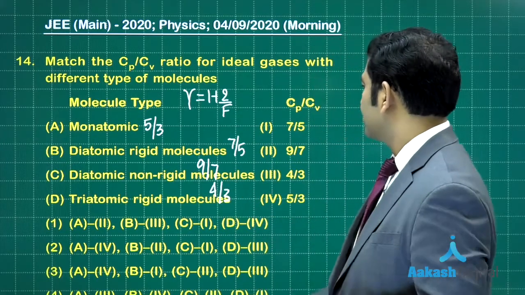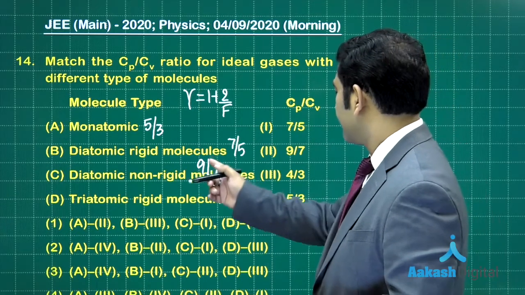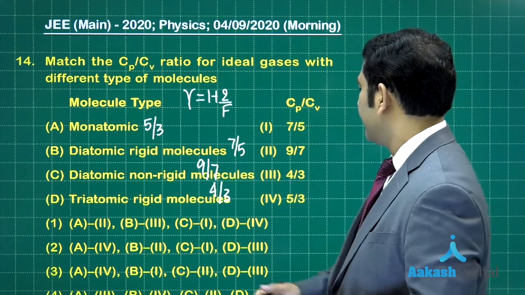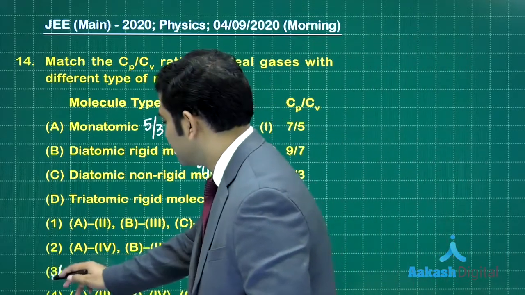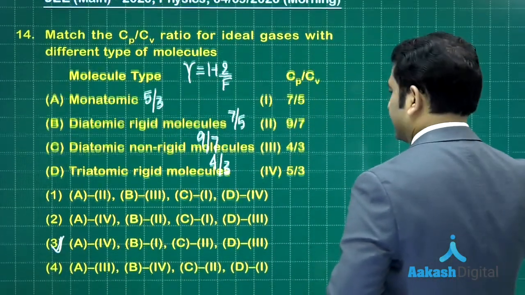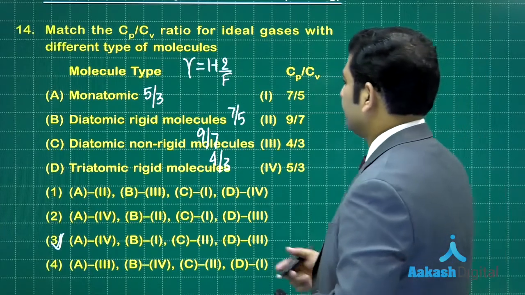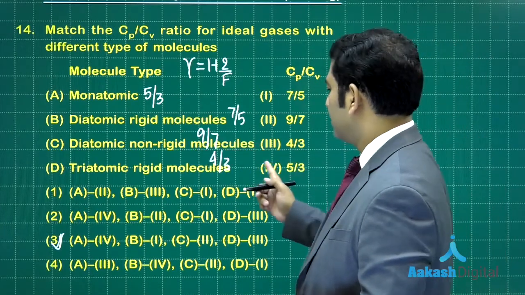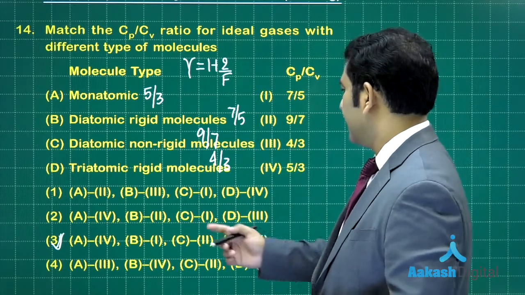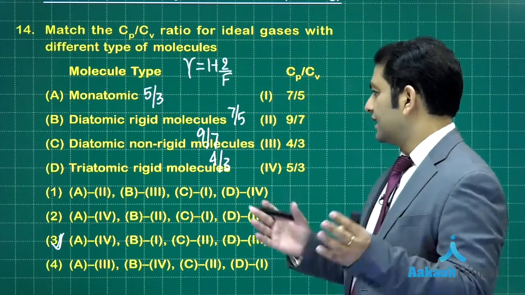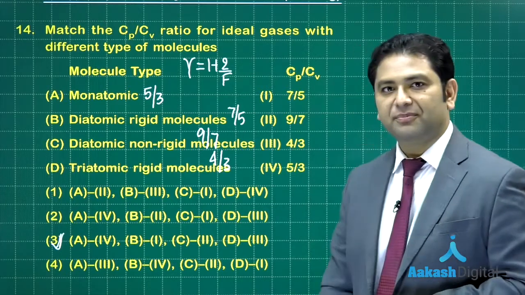So here we need to see 5 by 3, 7 by 5, 9 by 7, 4 by 3. If I see the match, that is option number 3 here. That's the correct match there. A goes with 4, B goes with 1, C goes with 2, and D goes with 3. That's how we come to the conclusion.